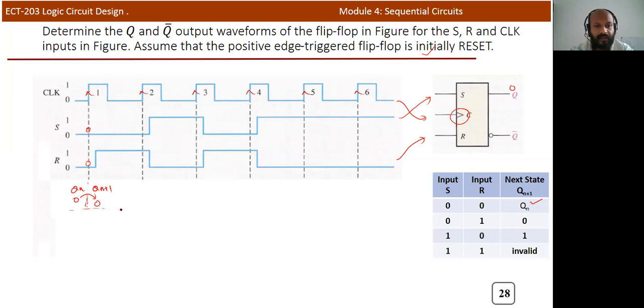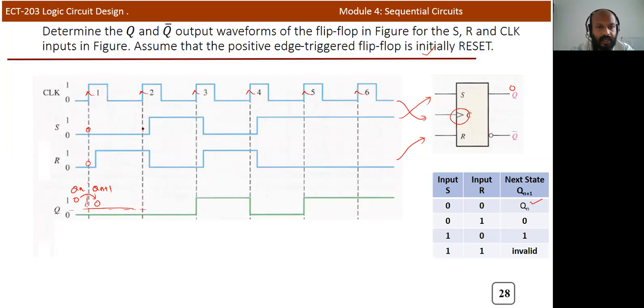Similarly, if you continue like this, it will be 0. At the next clock's input, the second one, here you can say SR inputs are 0, 1. 0, 1 means it's a reset condition. So whatever the input, the next output will be 0. This is a reset condition.